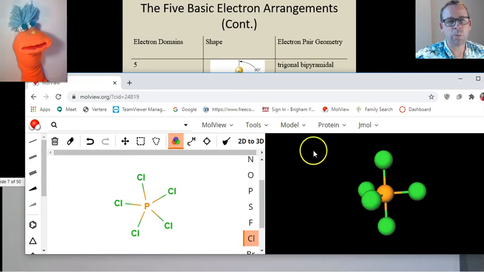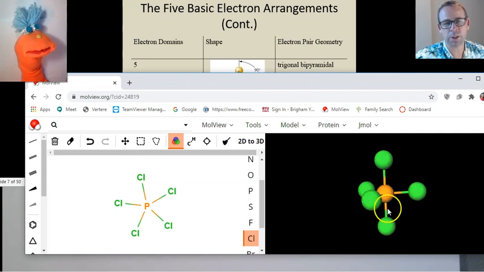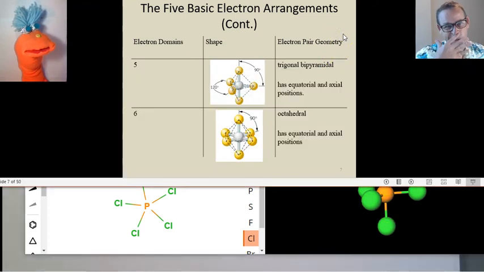Okay? And we call this shape trigonal bipyramidal because it's like this. These three form the base of a triangular pyramid on top, and the three also form the base for a triangular pyramid on the bottom. Okay? So we have to remember that there are equatorial and axial positions.